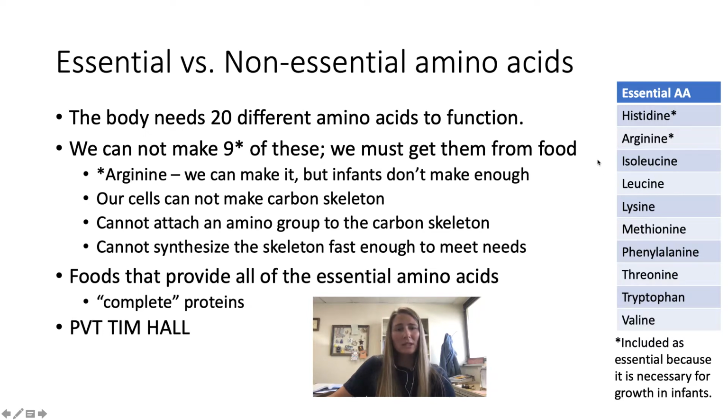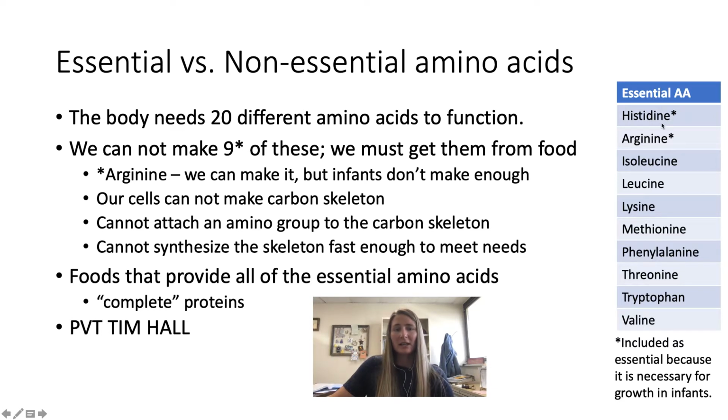Arginine is definitely essential during infancy, but we don't necessarily make enough arginine for our body to use fast enough. So our bodies can make it, therefore it is non-essential, but our bodies don't make it fast enough for us to use efficiently. So consuming foods with arginine is important. Same thing with histidine.